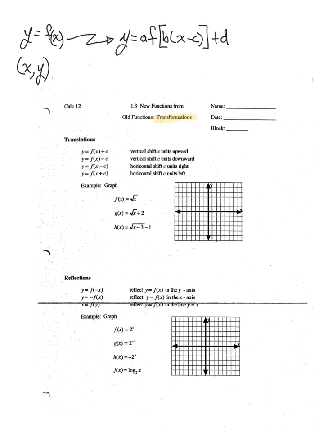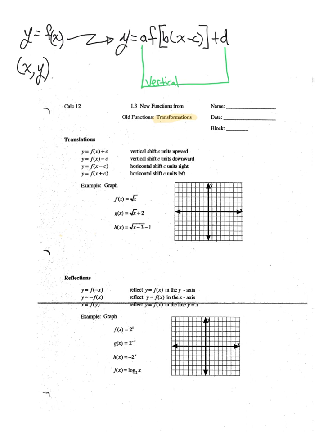And then remember that outside the function, the a and the d are going to affect the y component, that is the vertical component of your graph. The a and the d.